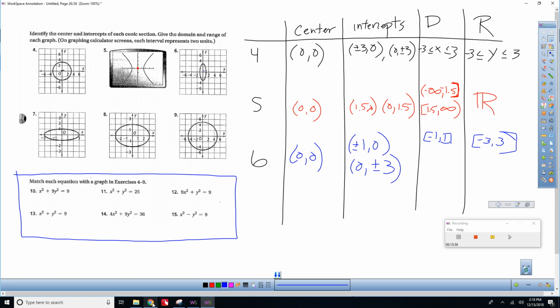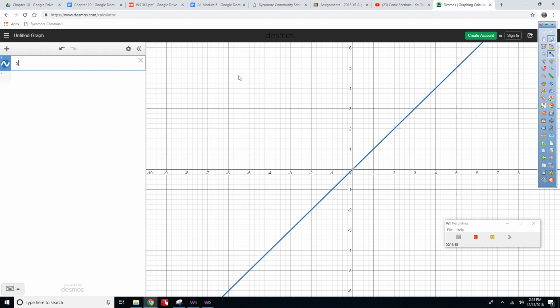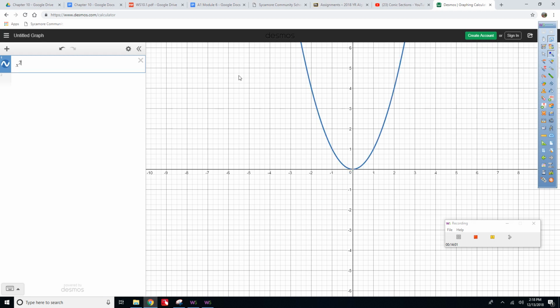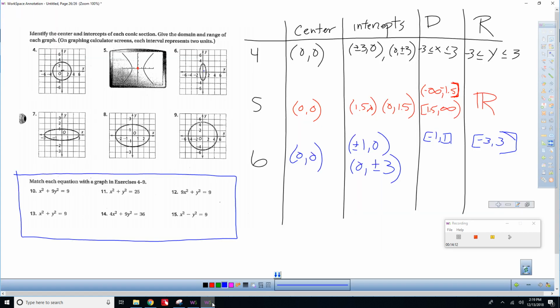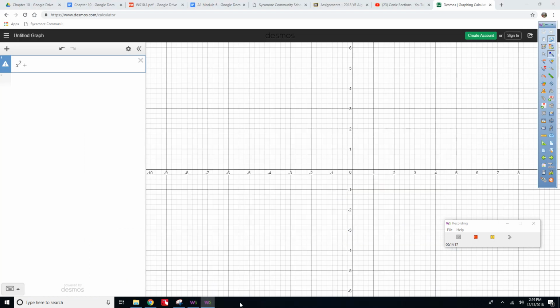So, I'm going to go to desmos.com, x squared plus 9y squared equals 9. Okay, good. Looks like a conic section to me.